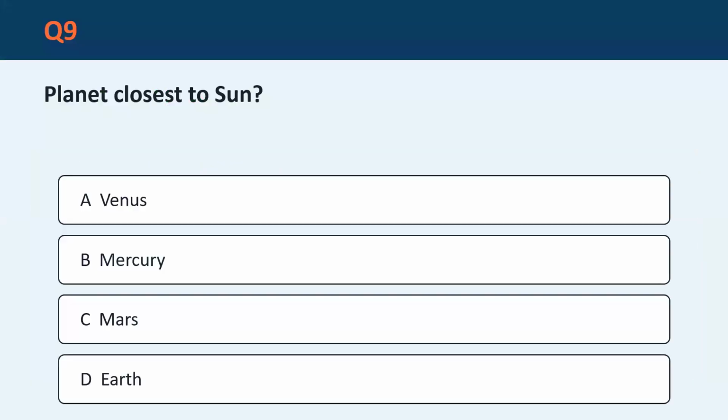So the next question is, which planet is closest to Sun? One of the easy questions, but can be tricky at times. So the options are Venus, Mercury, Mars, and Earth. So the correct answer is Mercury.